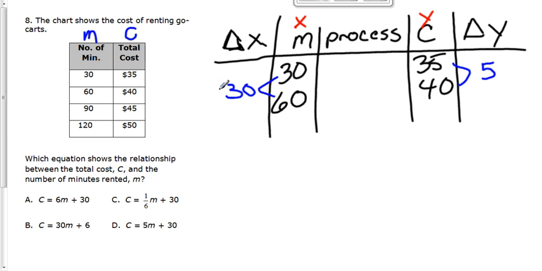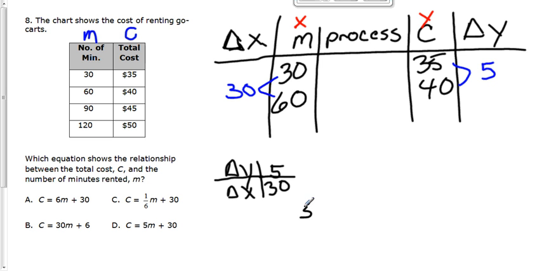Okay, now the little cheat way is to find our coefficient. Our coefficient is going to be our delta y over delta x. In this case, our delta y is actually 5, and our delta x is actually 30. It's 5 divided by 30, or you can look at it as being a fraction, 5 over 30.